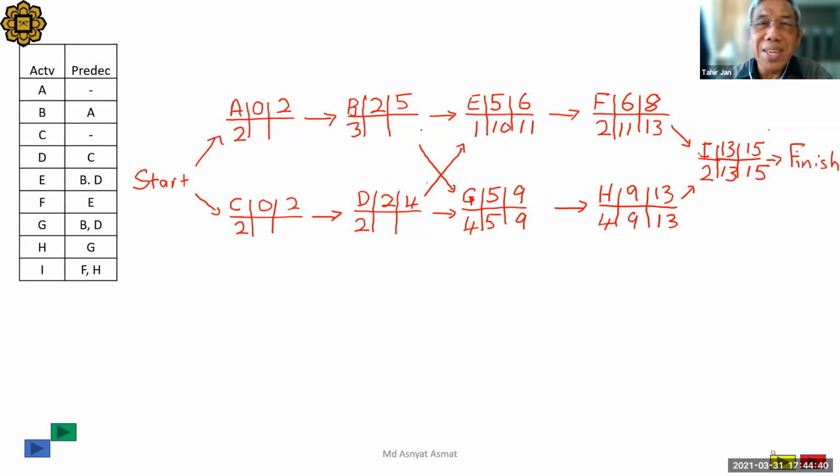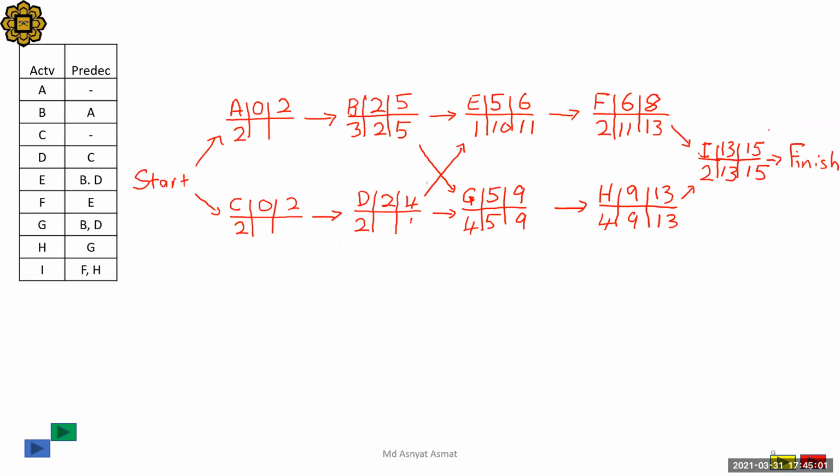B. Late finish 5, so 5 and 2. And D, 5 and 3.